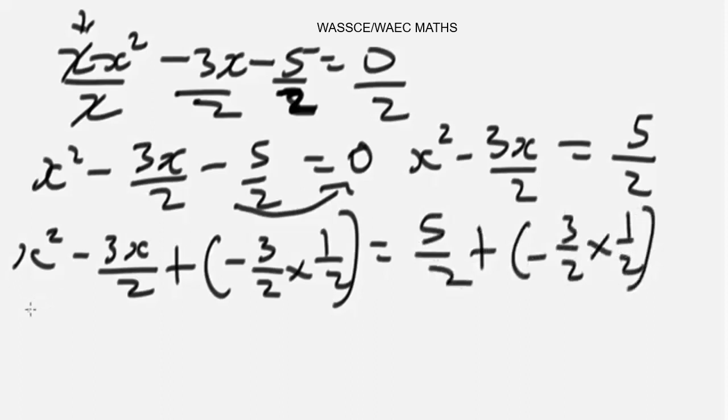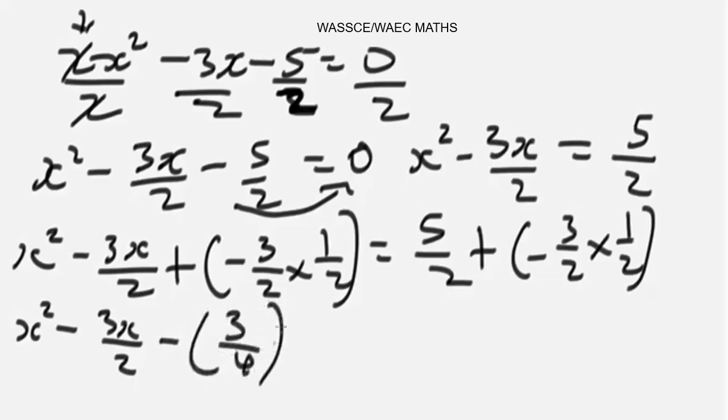When we break this down, it gives us x² - 3x/2 + (-3/4)² = 5/2 + (-3/4)², since 2 times 2 is 4.